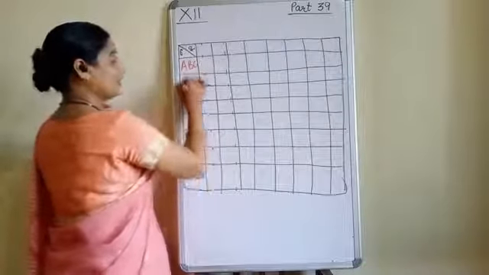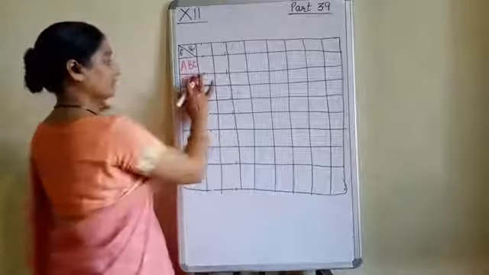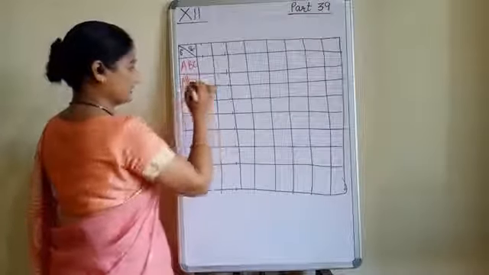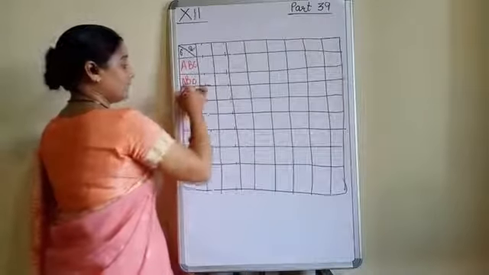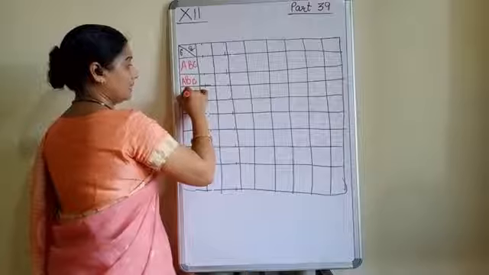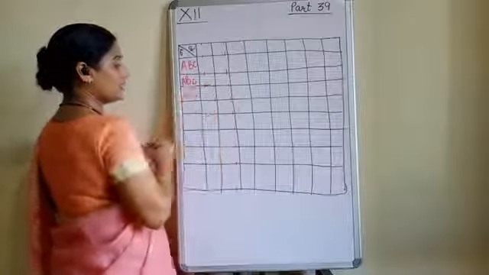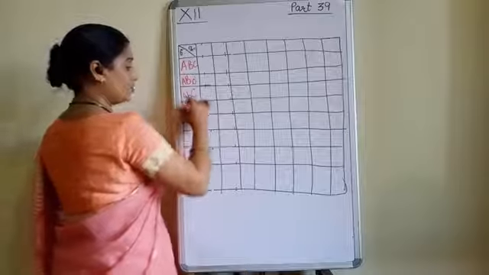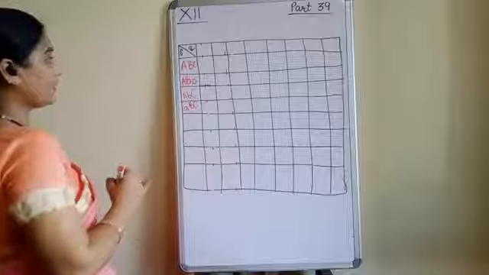Capital A, capital B, capital C, capital A, capital B, small c. Okay, small c. I am drawing like this. Capital A, small b, capital C, small a, capital B, capital C.